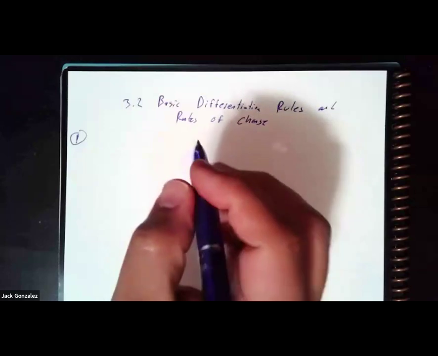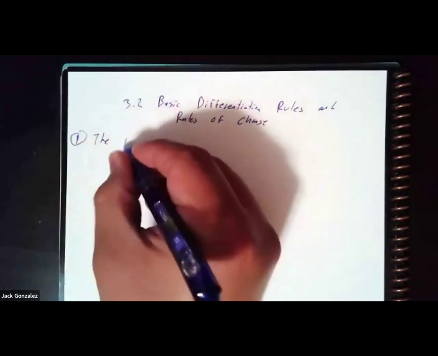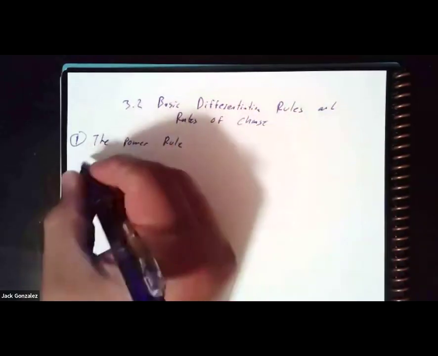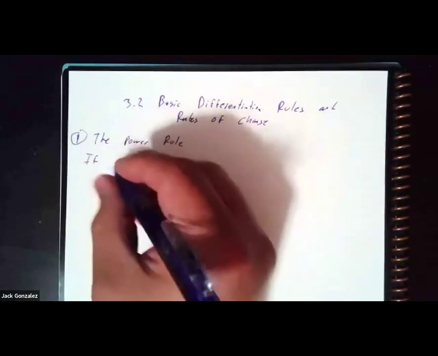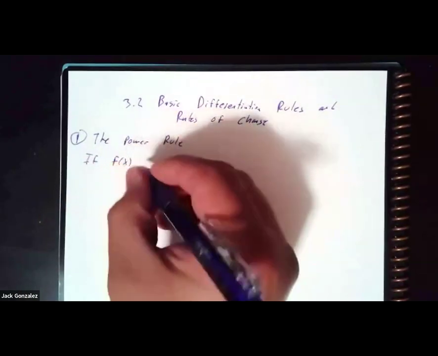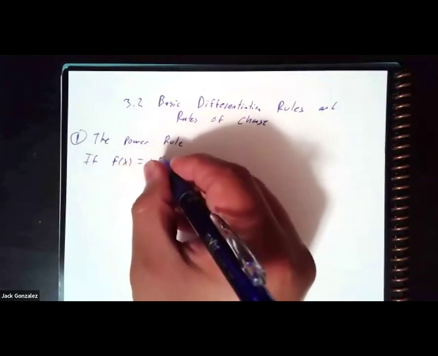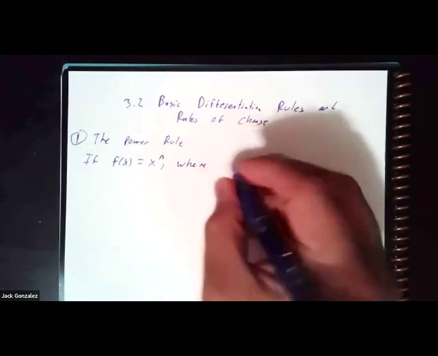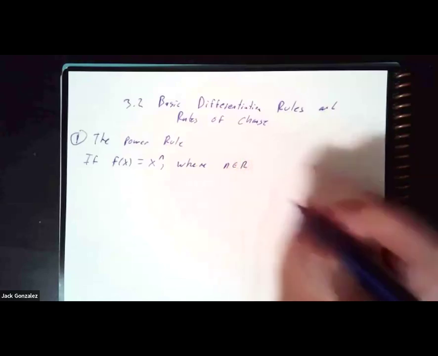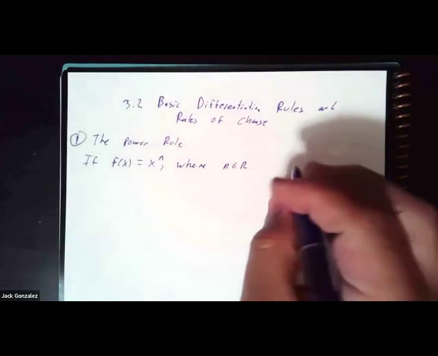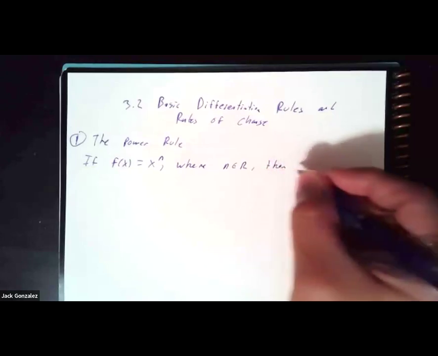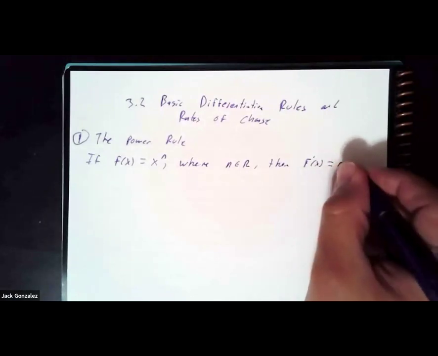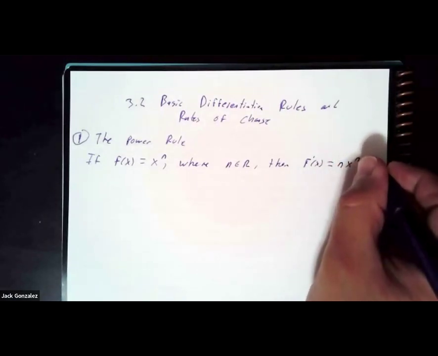Number one, the power rule. If you have a power function, in other words, some function that has a power on it, let's call it n, where n is an element of the real numbers, then the derivative will equal n times x to the n minus 1.